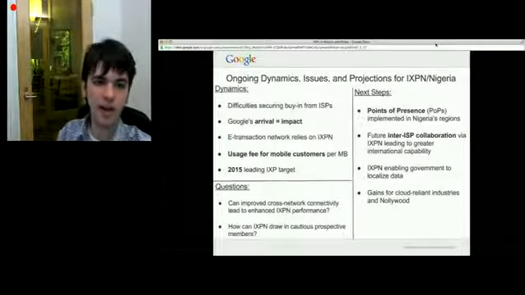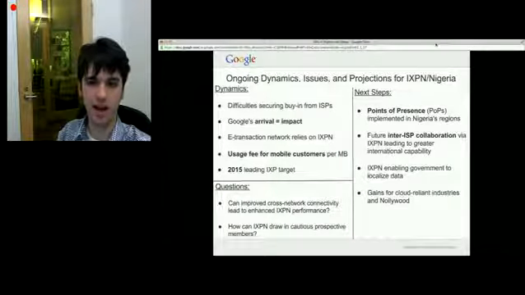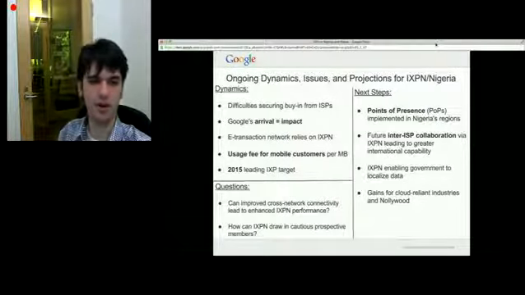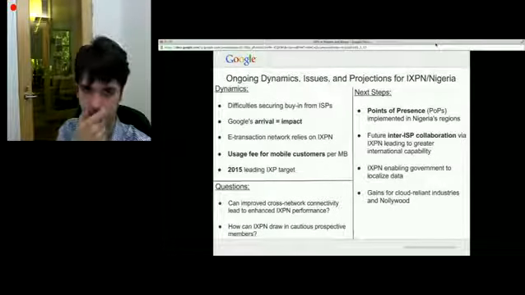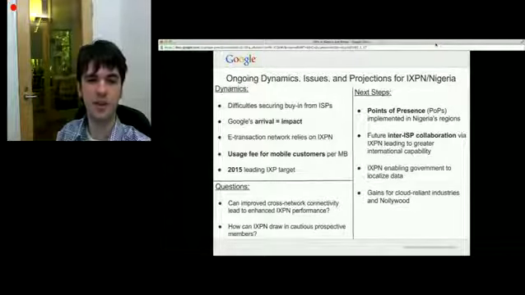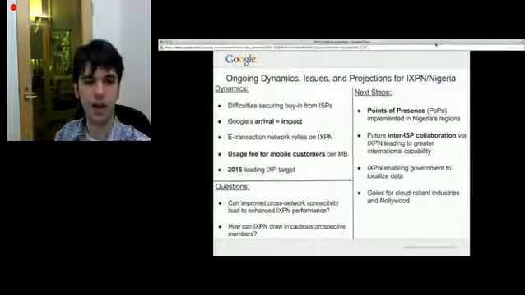So now we're looking at the ongoing dynamics, issues, and projections for the IXPN for Nigeria at large. One is there's been tremendous difficulty at getting buy-in from ISPs. What that effectively means is that for whatever reason, internet service providers just aren't feeling comfortable joining the IXP and cooperating with one another.